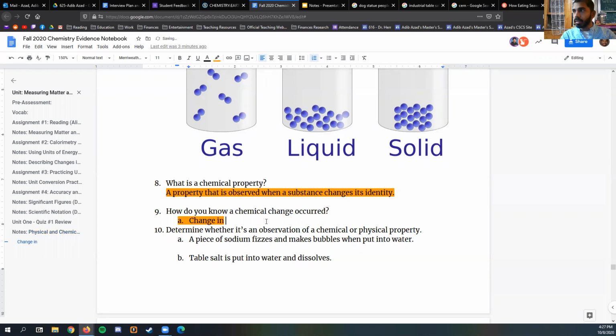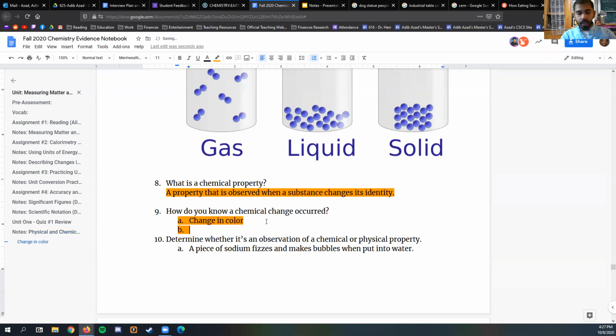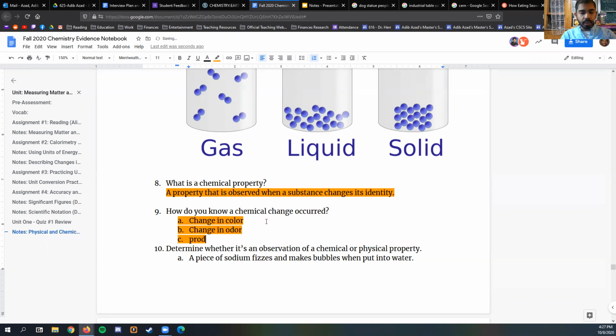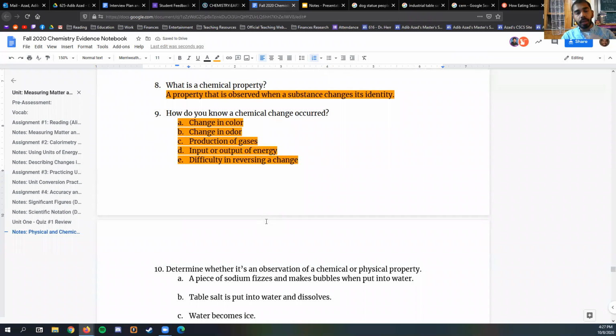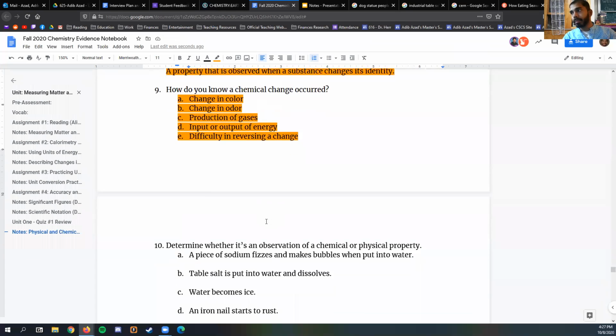The change in color, change in odor, a production of gases, the input or output of energy, and finally the difficulty in reversing change. Those are our 5 ways we know chemical reactions have occurred.